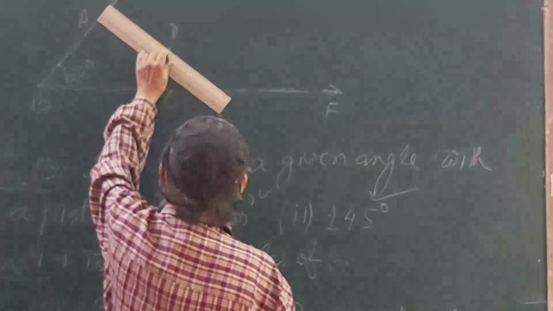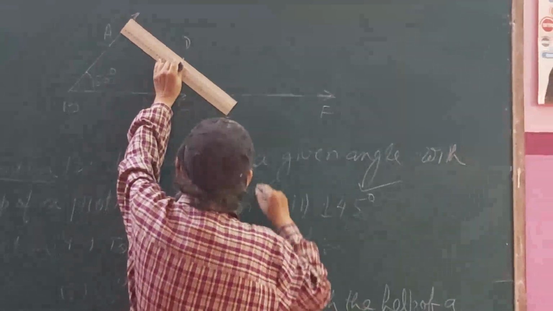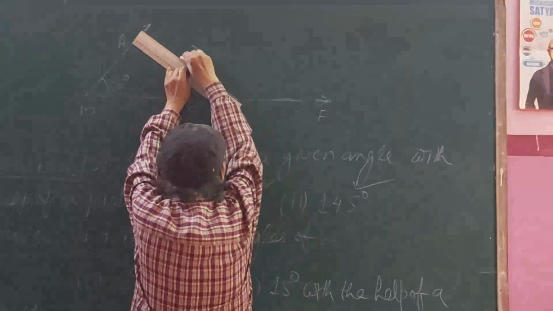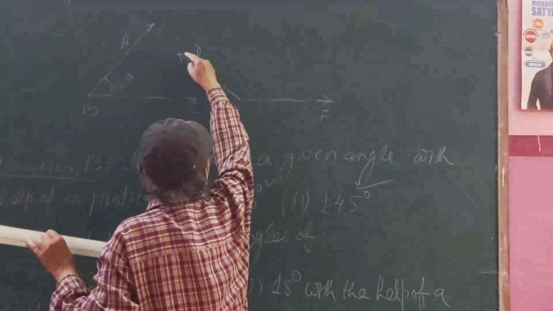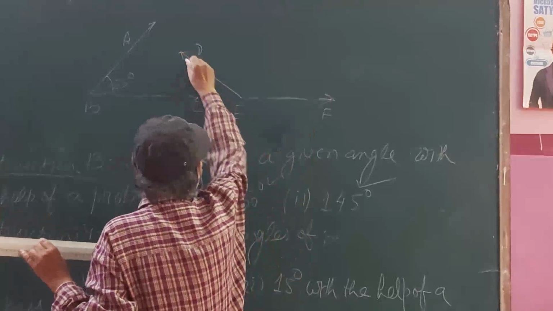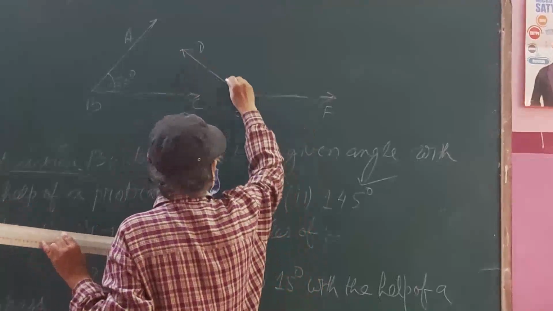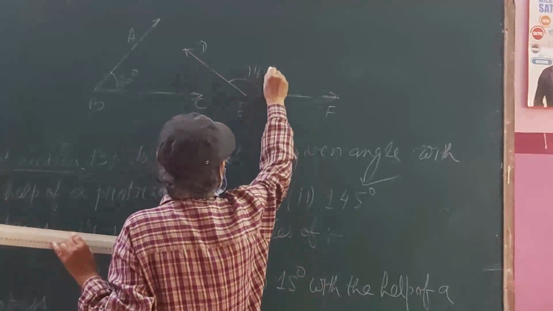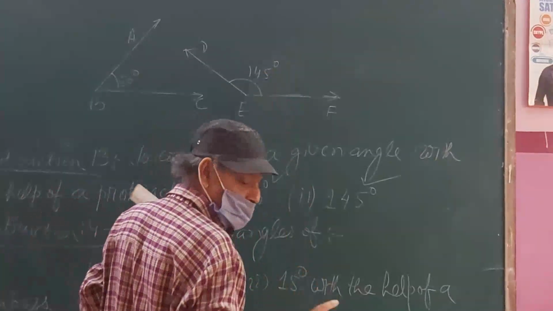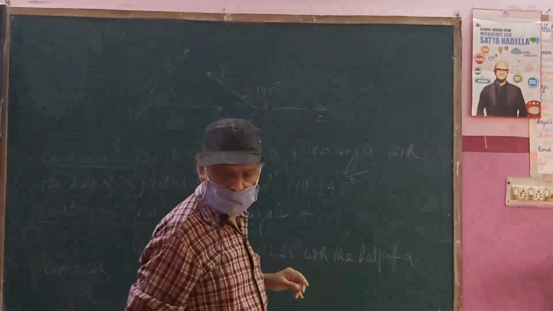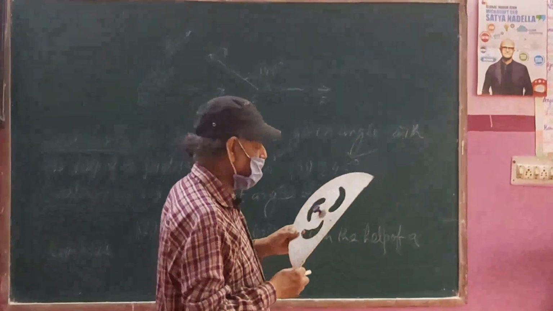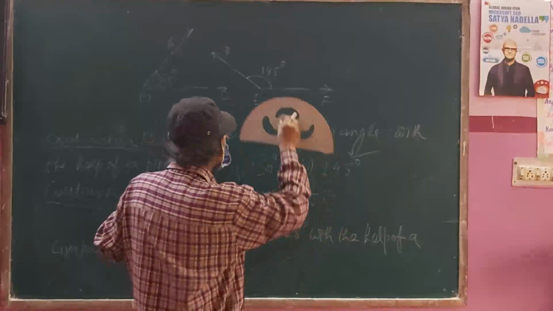With the help of a protractor you have made this angle DEF, and it is 145 degrees. You can mark it 145 degrees. This angle is an obtuse angle. You can again confirm your construction using your protractor.